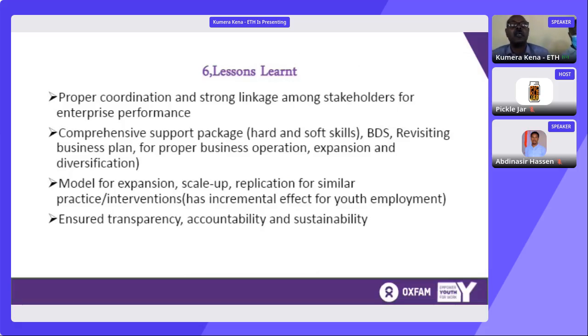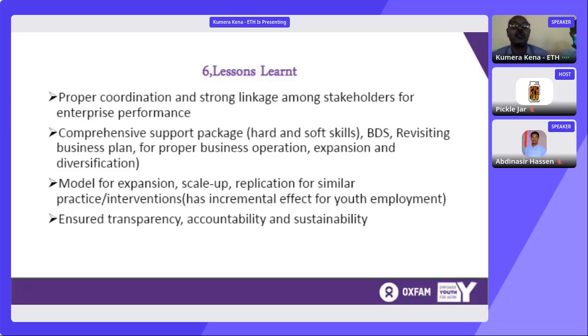The major one I am going to present is the lessons we learned during the implementation of the project, which will also be an input for future engagement by all stakeholders. That is proper coordination and strong linkage among the stakeholders for enterprise performance.